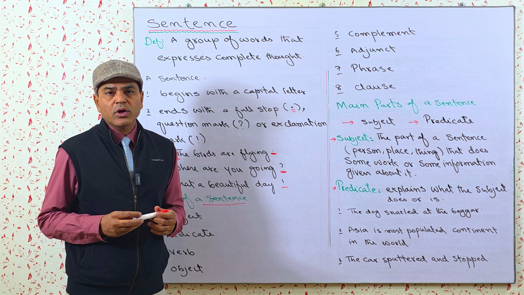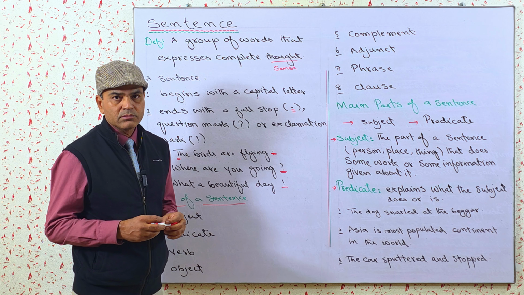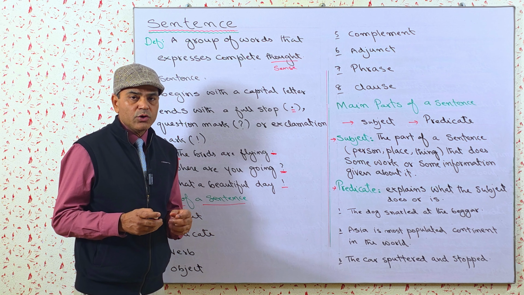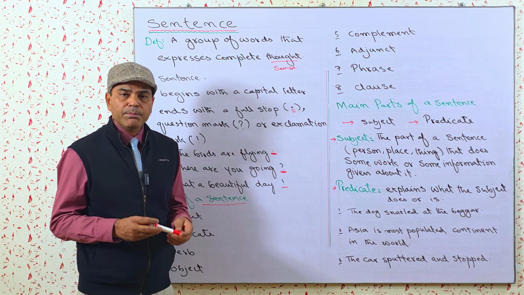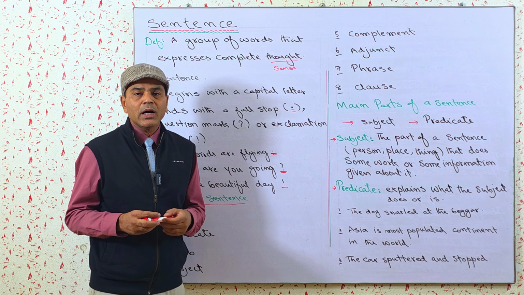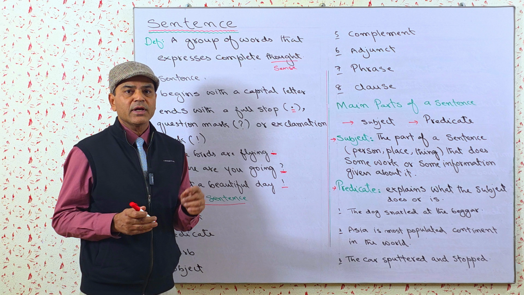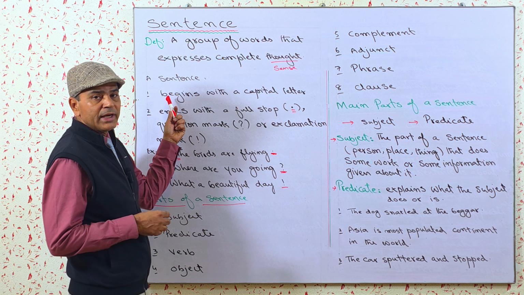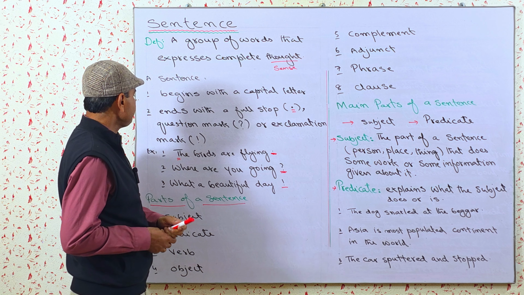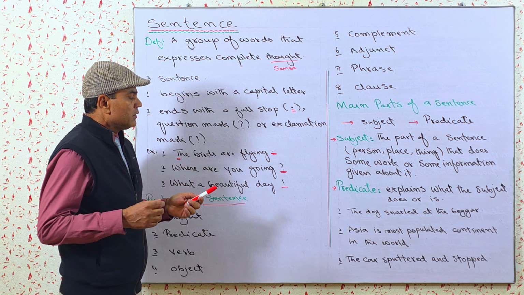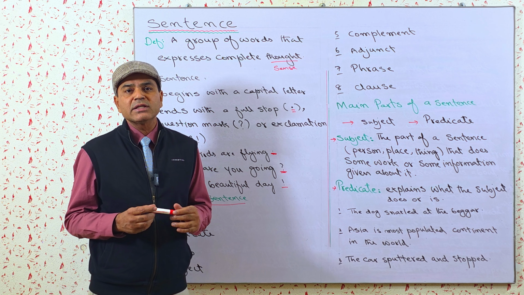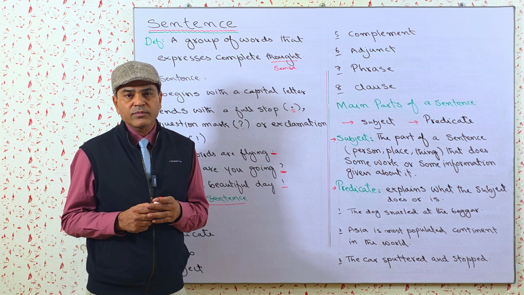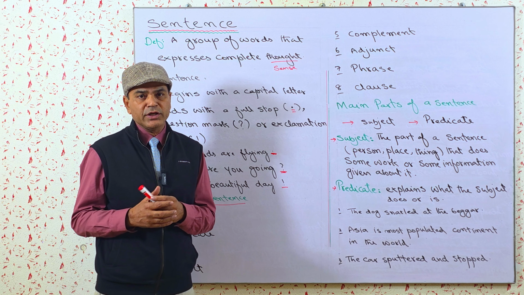There are some important things that we need to note which are related to the sentence. The first thing is that the sentence always begins with a capital letter. Never forget, whether your sentence starts with a proper noun or a common noun, you have to write the first letter of your sentence in a capital letter. This is the rule of the English language. Secondly, it depends whether the sentence shows a statement, surprise or question.